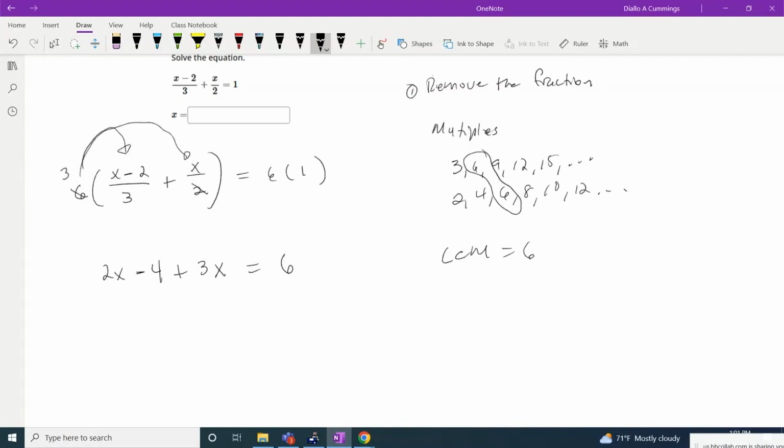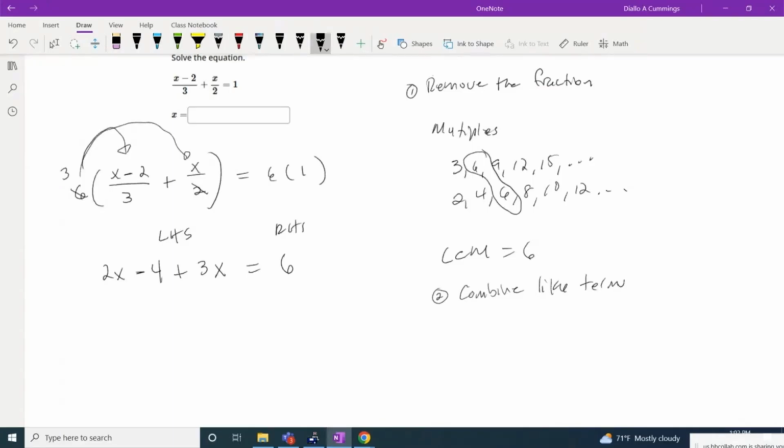The second step, we're going to combine like terms on both sides. If we look on our left-hand side, notice that we have a 2x and a 3x.